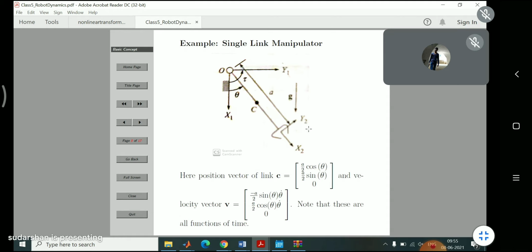So if we consider the single link manipulator, a single link manipulator is basically a pendulum, not the inverted pendulum, the normal pendulum.